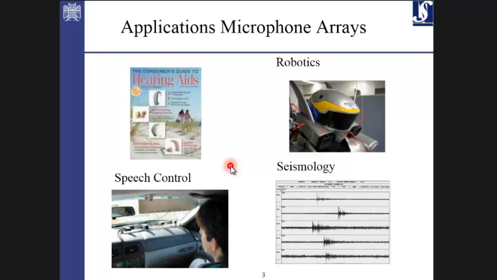When you have multiple sensors like the microphones, then they are used in many cases like robotics. So you have a robot. Here you see that humanoid robot. If you deploy some microphones in the head or in some specific place on top of this robot, then the robot will be able to localize the source.